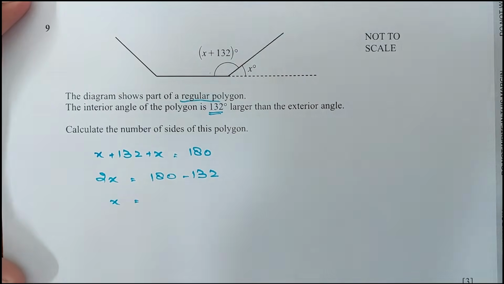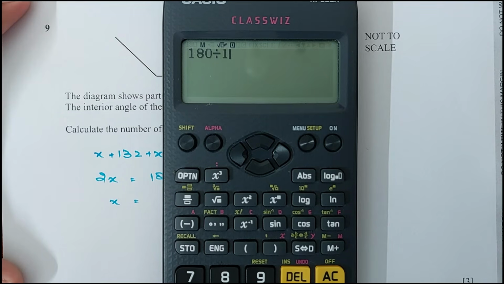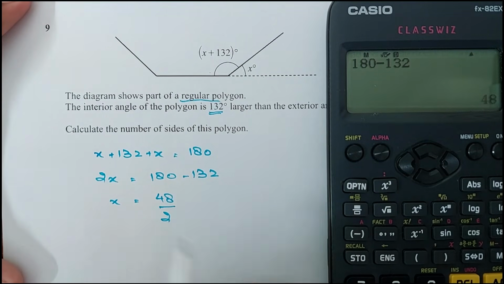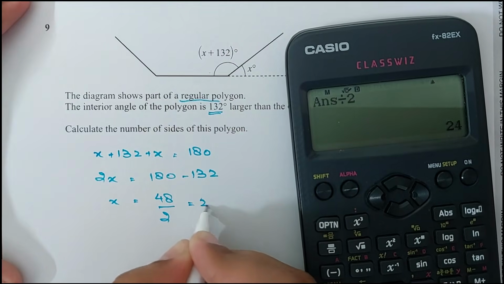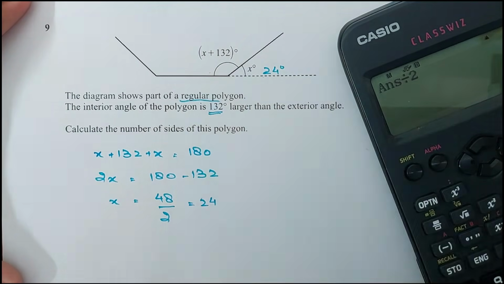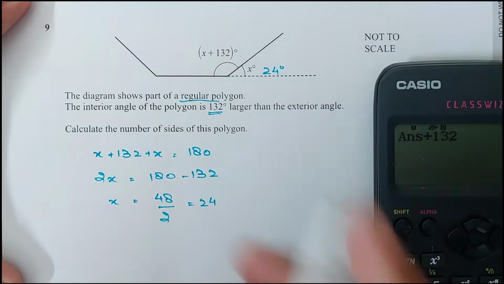So what is x? From 180 we take away 132. Oh, sorry, 180 minus 132 is 48. So 48 divided by 2, that is 24. So x is 24. So this x is 24 degrees, and this is 24 plus 132, which is 156.